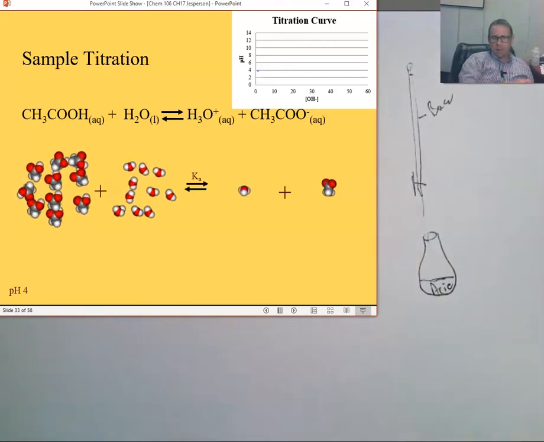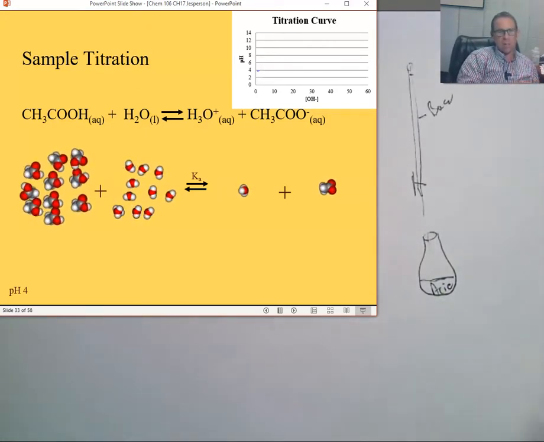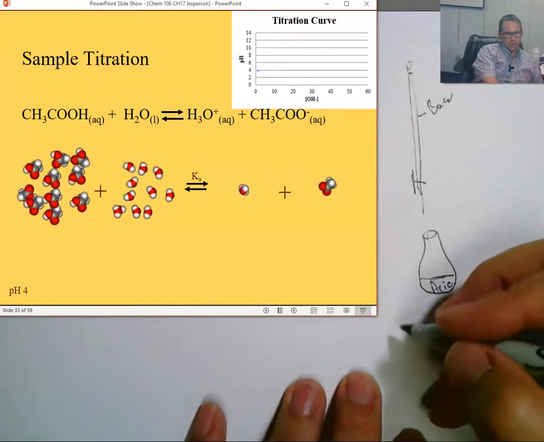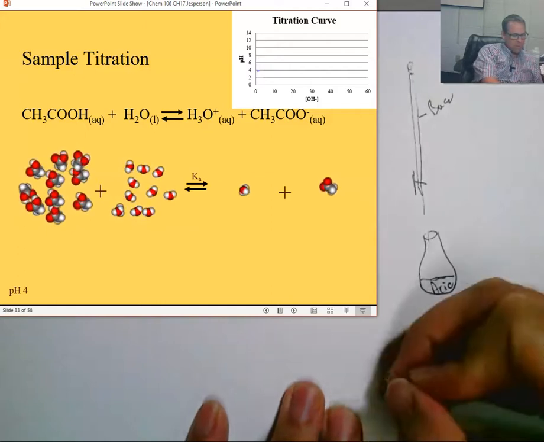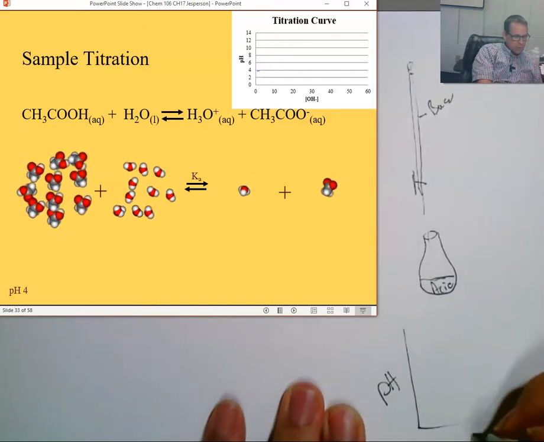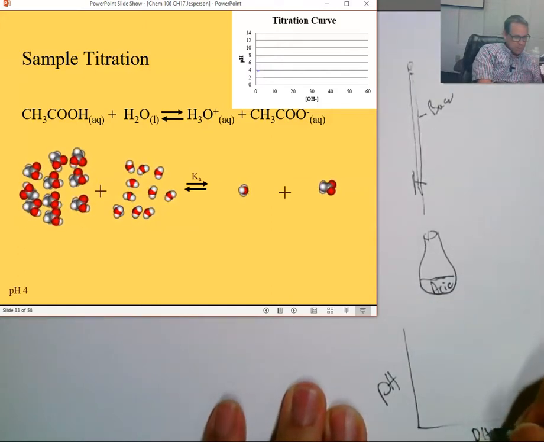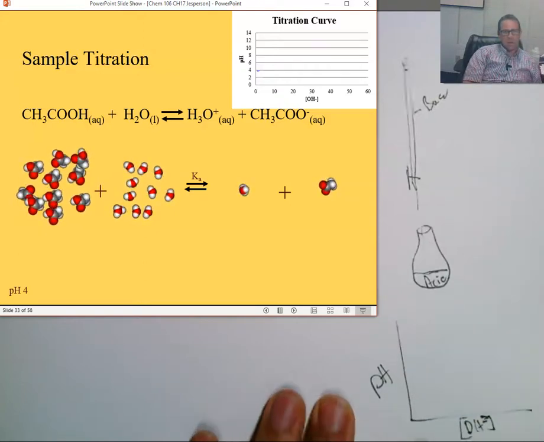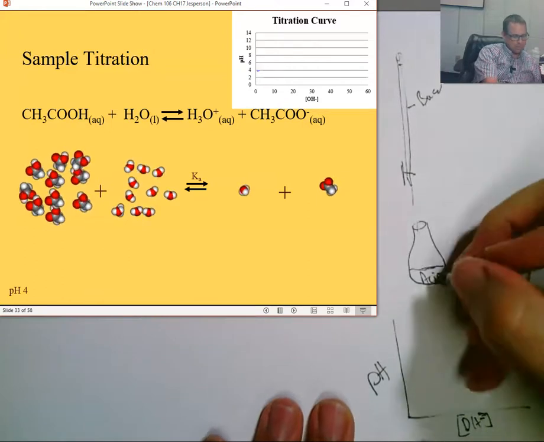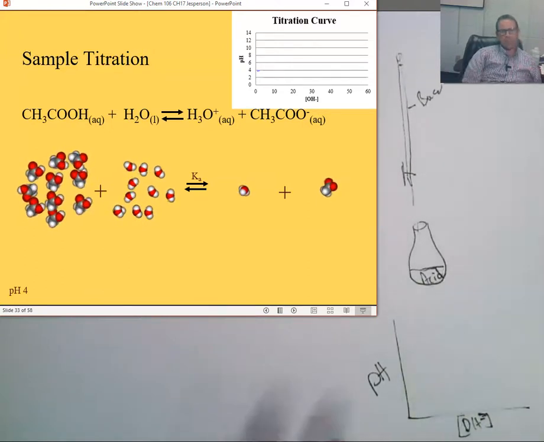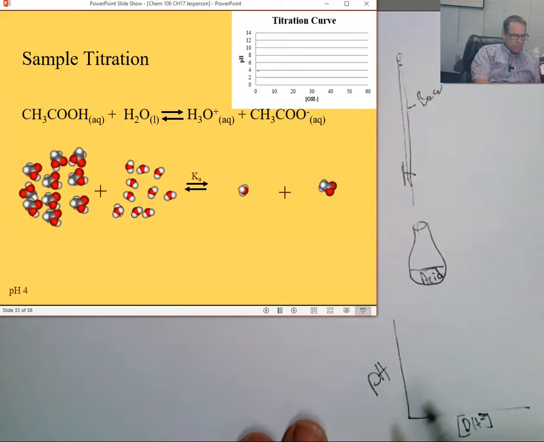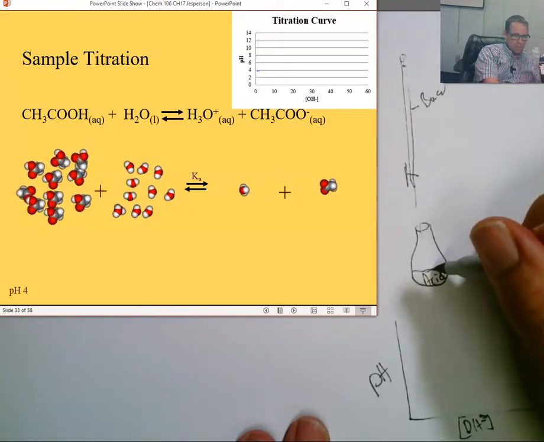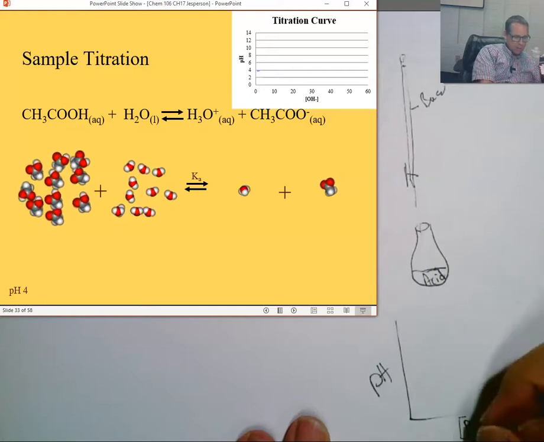And then as the titration proceeds, there's a curve that's going to result if I plot pH versus the amount of base, OH minus, that I've added to the titration. And this curve is monitoring the pH of this solution as the base is added.